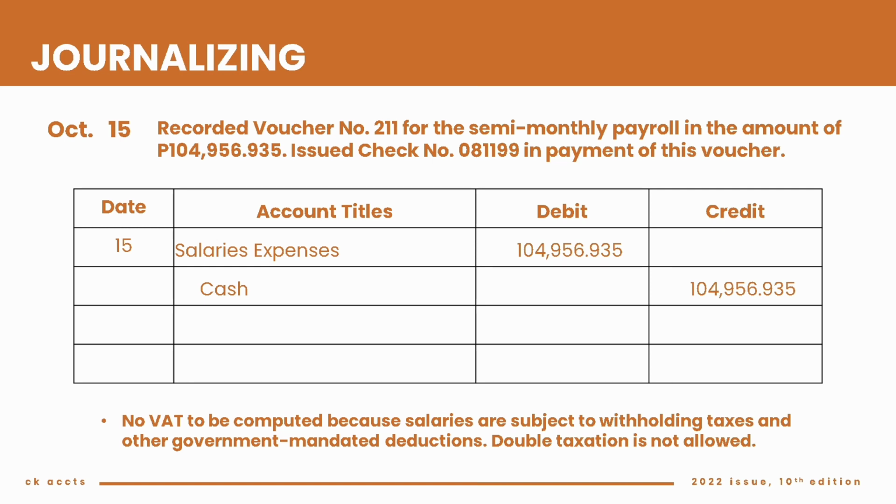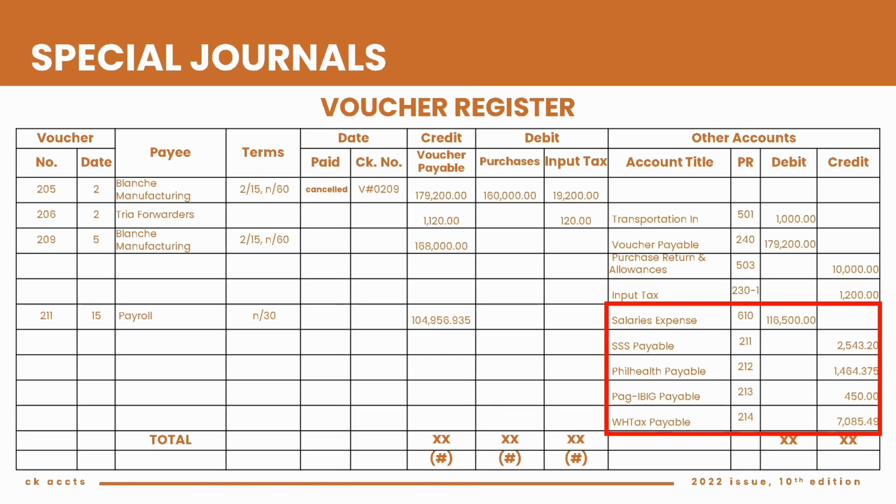So, when we translate that in our voucher register, we will see our voucher number 211, then the date is October 15, then under payee, it just says payroll because it is just us. Then terms is N30, then voucher payable is 104,956.935, which is our total expenses or salaries expense.